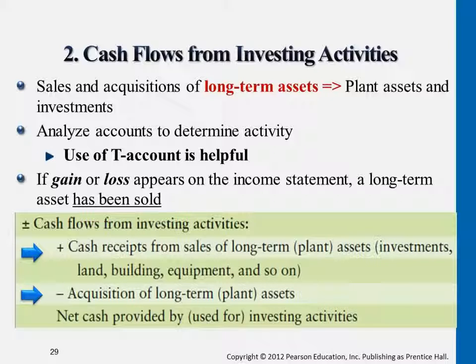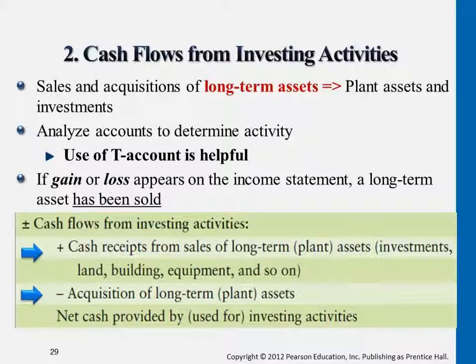Now the reason why earlier we teased out the gains and losses is that gains and losses appear when we compare the cash we received from a long-term asset and the book value of the old asset. Remember in chapter 9, we talked about collecting, for example, $10,000 from selling an asset when the asset was only worth $9,000. So the difference, 1,000, is the gain that we talked about earlier. Or if we flip the example, it will be a loss.